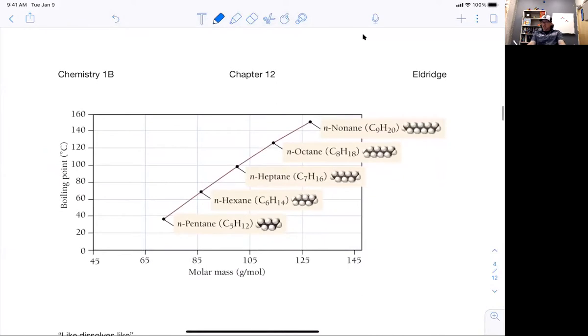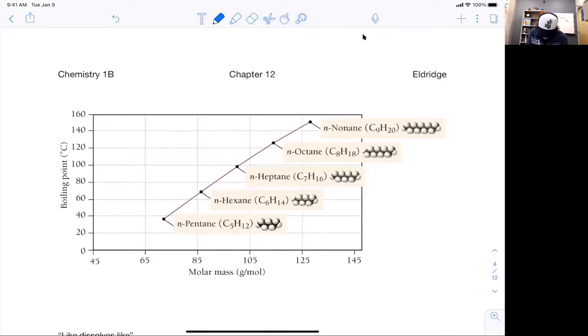And so here we can see that again with the number of carbon atoms in a covalent molecule. They pick some that are, I think, liquids at room temperature.